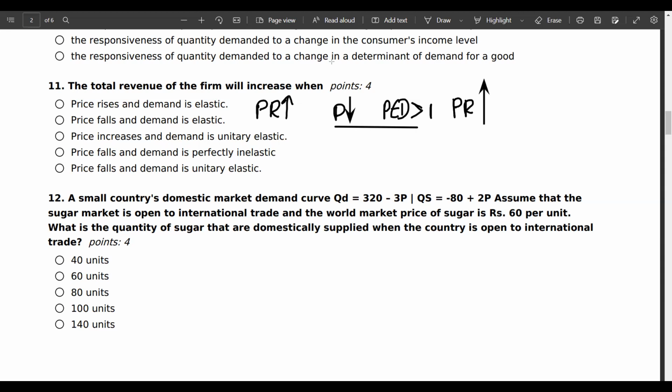And that's what we are trying to find out, right? Producer revenue should go up. So the answer for this question is the second one. If the product has an elastic demand, then obviously a price drop would cause the demand to increase.